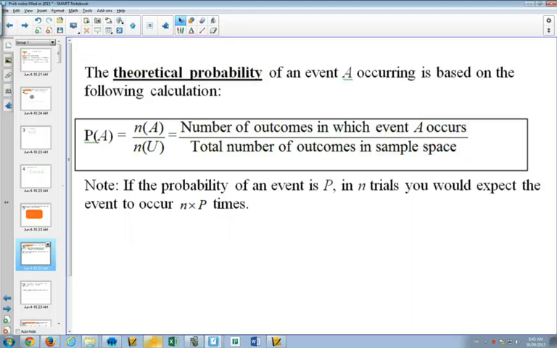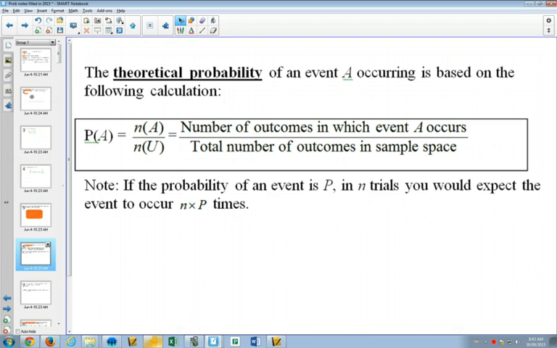Theoretical probability is based on the following calculations. So there's experimental probability where you just do an experiment, and theoretical probability of knowing what the chances are of getting something and then saying, well, my chances of rolling a 7 is going to be 6 out of 36. Because in our chart there was 6 7s and 36 total.